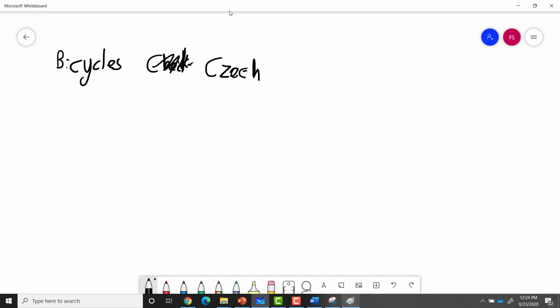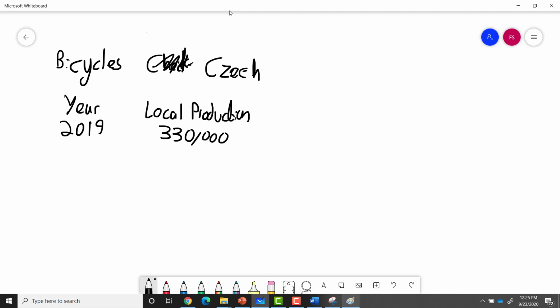And so the bicycles in Czech Republic, say for example in the year 2019. So we have the year, and we have the local production. We have the imports. And we have the exports.